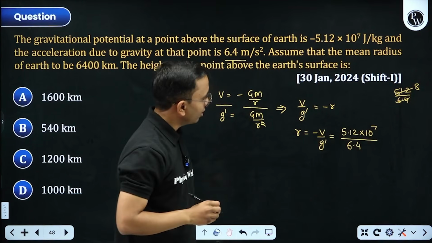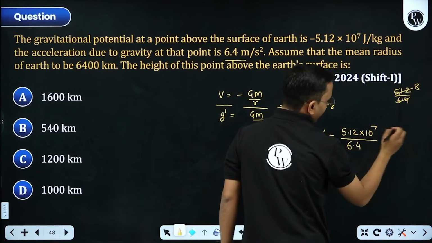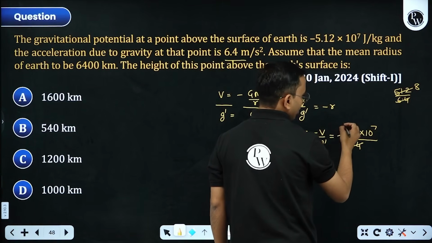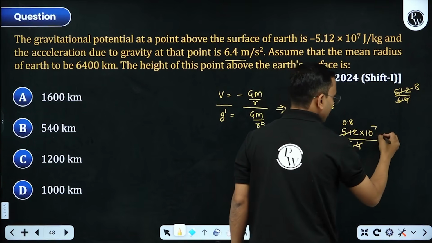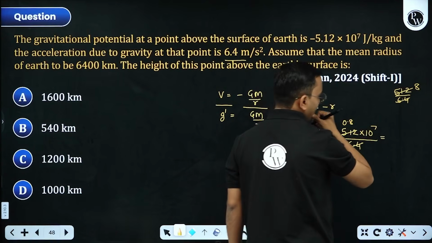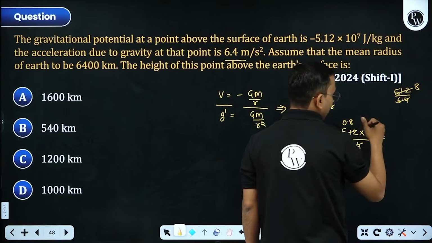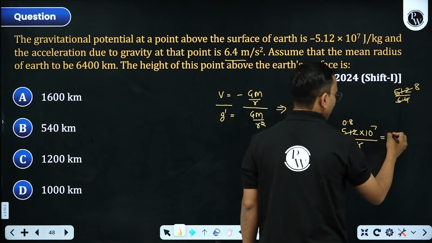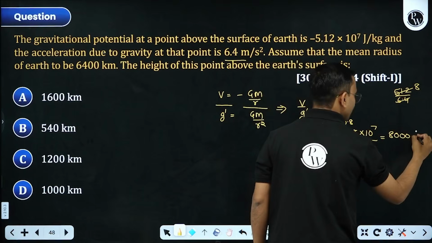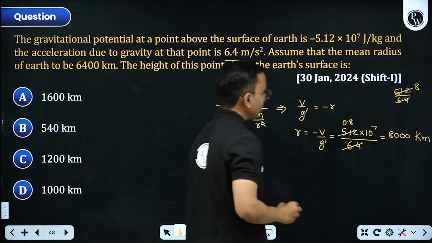So this is 8 into 10 to the power 6, which is 8,000 kilometer.